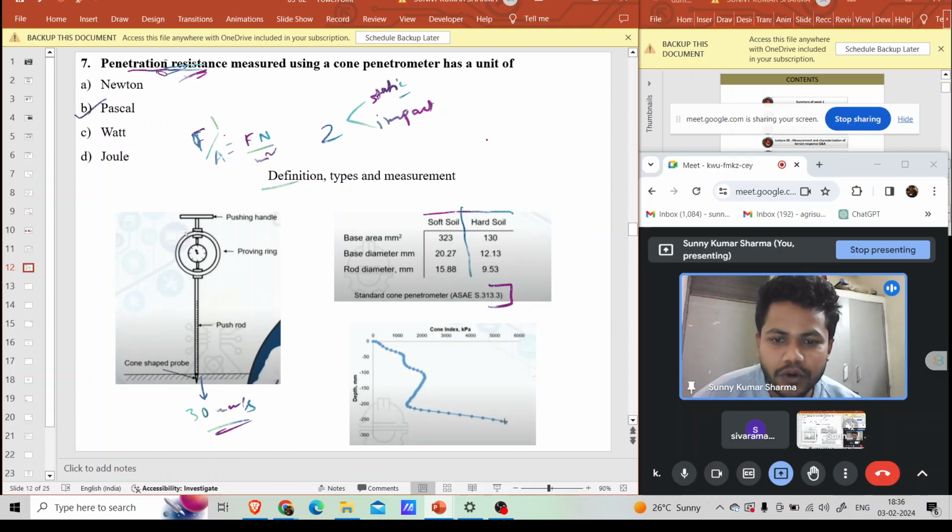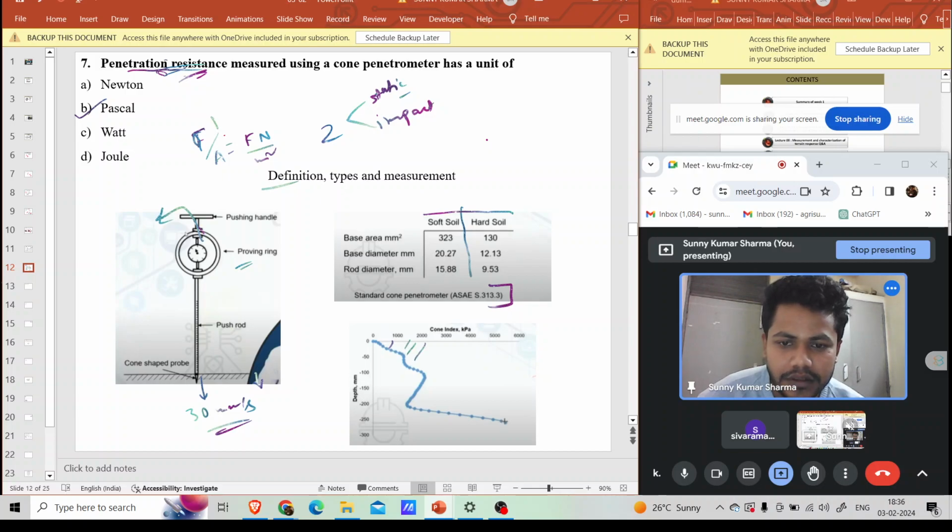So the main thing is how to calculate the cone index of the soil. You have this cone penetrometer. If you insert it in the soil at some steady rate, you can get the force required from the sensor, the proving ring. A graph will come like this.